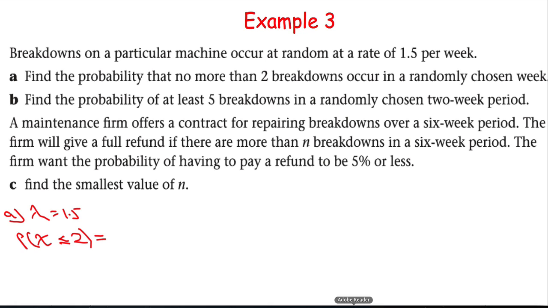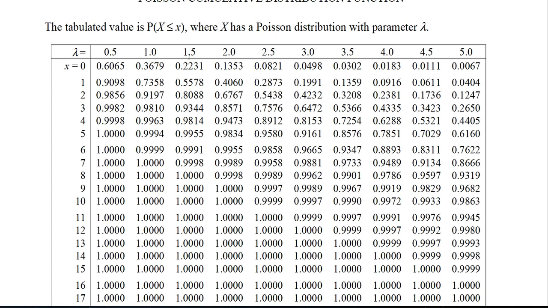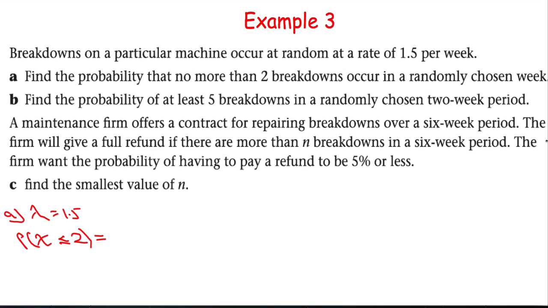Here's where our tables come in useful. So lambda equal to 1.5, less than or equal to 2, 0.8088.